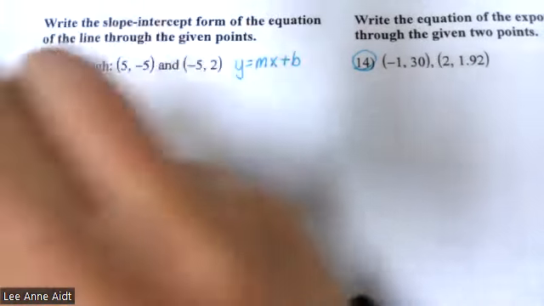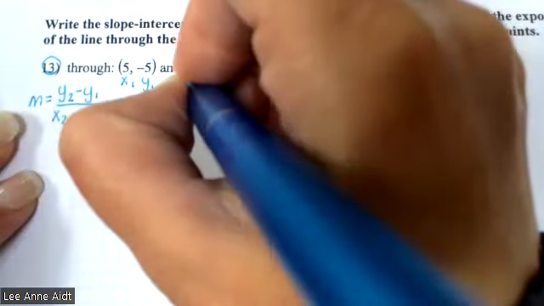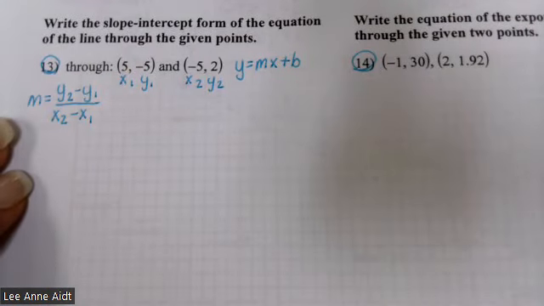Okay, m equals y2 minus y1 over x2 minus x1. And I labeled them for you there.